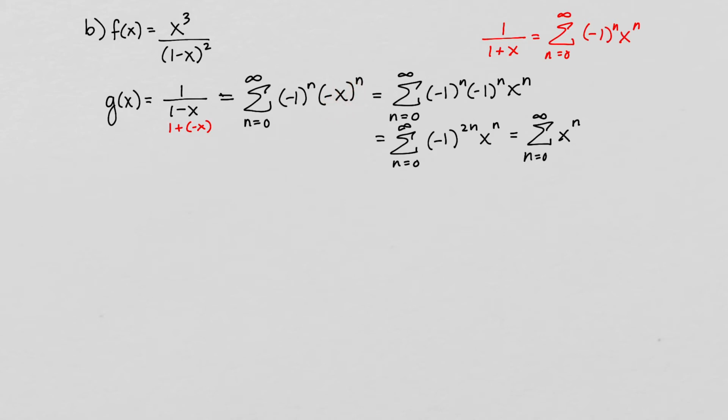And remember, negative x to the n we can think of as negative 1 times x, to the n. And so then I'm distributing that n, so I've got negative 1 to the n, x to the n. Does that make sense? Or did I answer your question? Other questions before we actually get to the answer we're looking for?